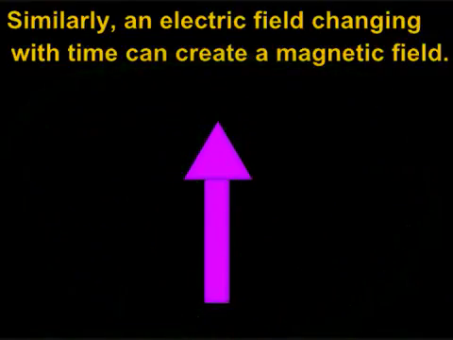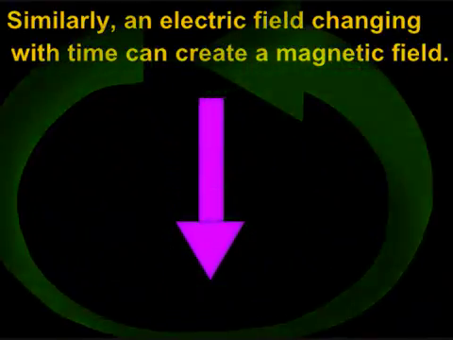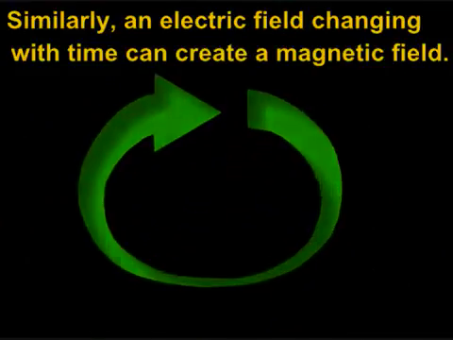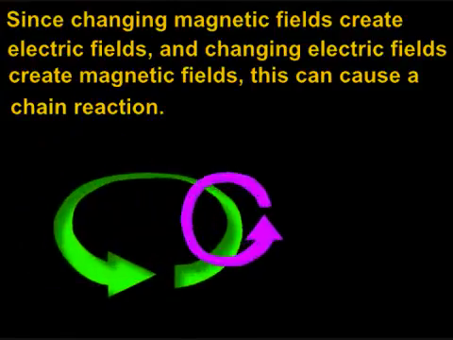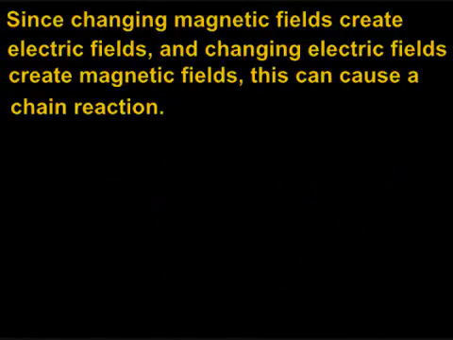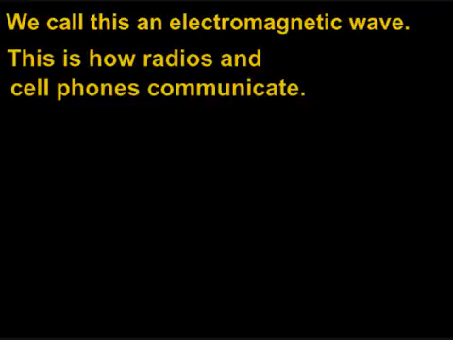Similarly, an electric field changing with time can create a magnetic field. Since changing magnetic fields create electric fields and changing electric fields create magnetic fields, this can cause a chain reaction. We call this an electromagnetic wave. This is how radios and cell phones communicate.